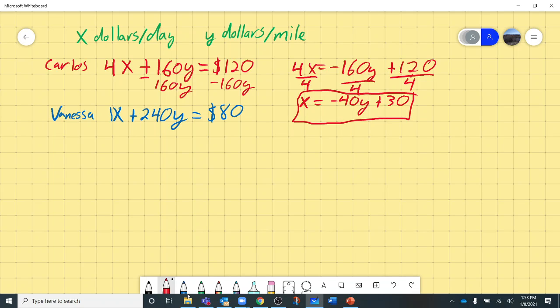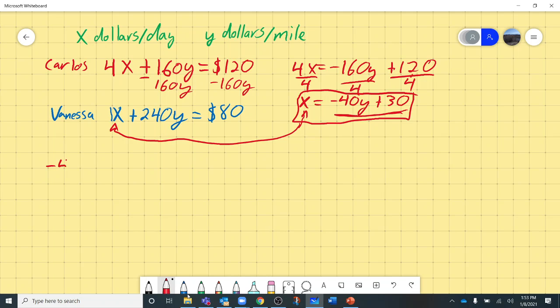And we are going to plug this x in over here for this x. But instead of writing the x, because these x's are the same x, we're going to write what x equals, and that's negative 40y plus 30.